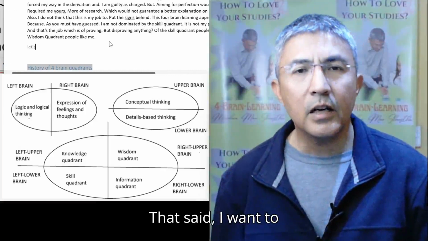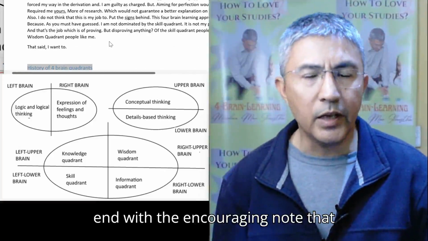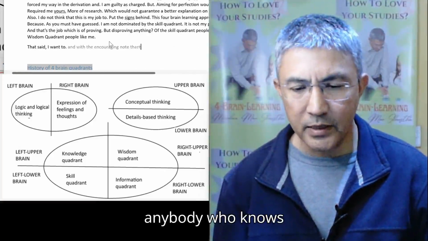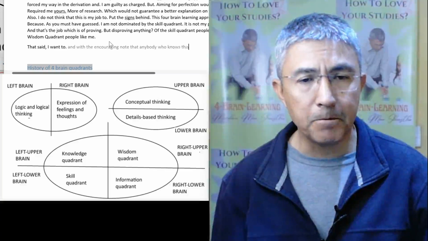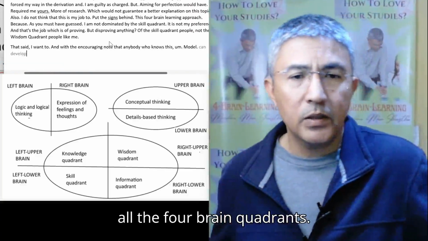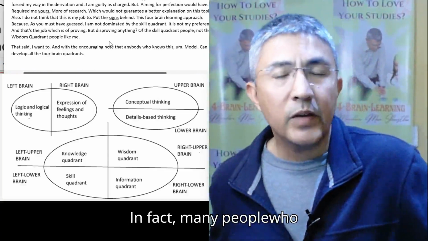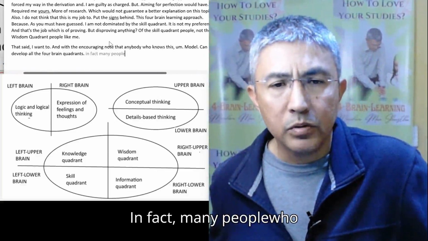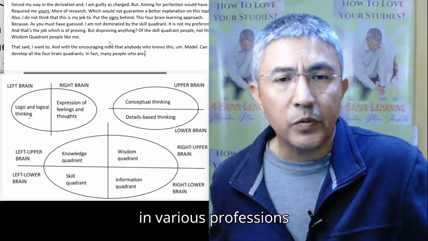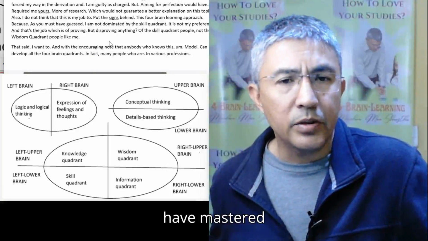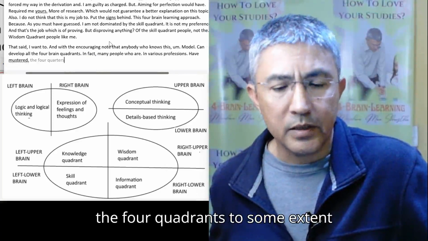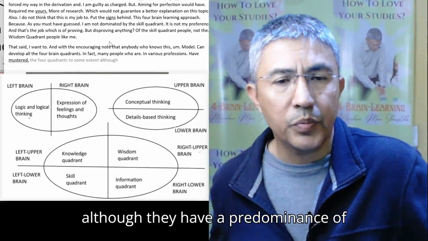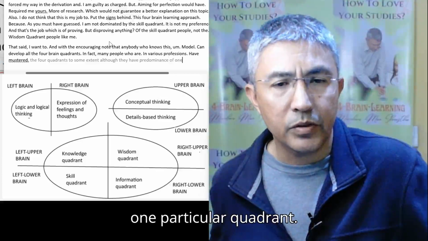That said, I want to end with the encouraging note that anybody who knows this model can develop all four brain quadrants. In fact, many people in various professions have mastered the four quadrants to some extent, although they have a predominance of one particular quadrant.